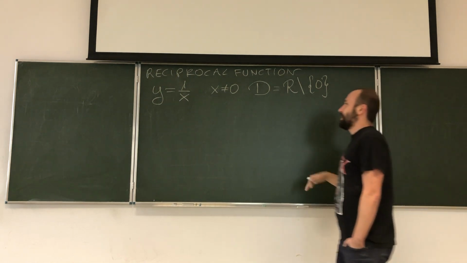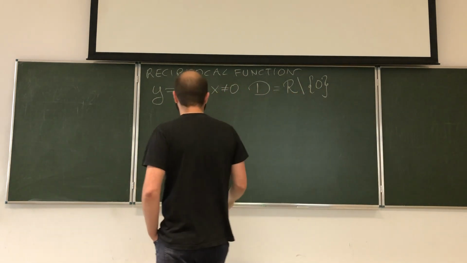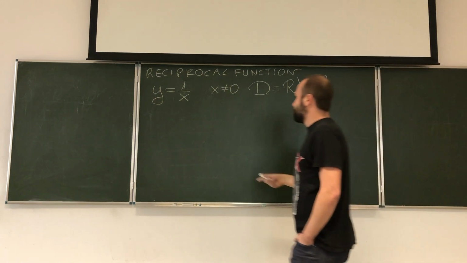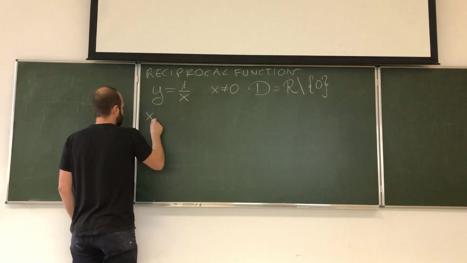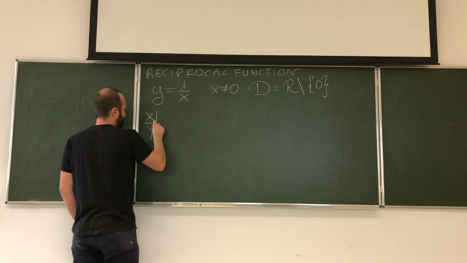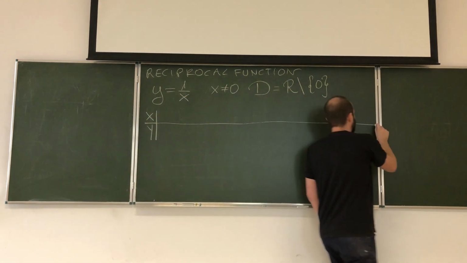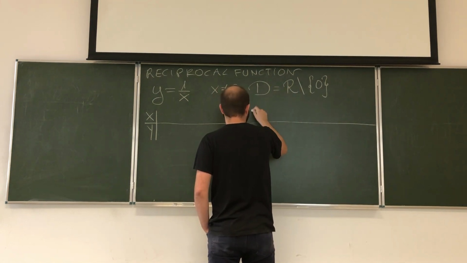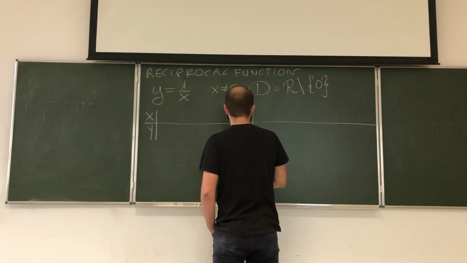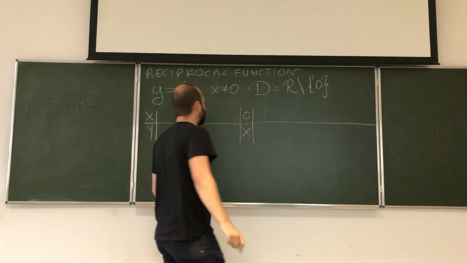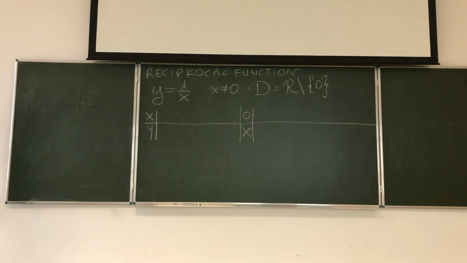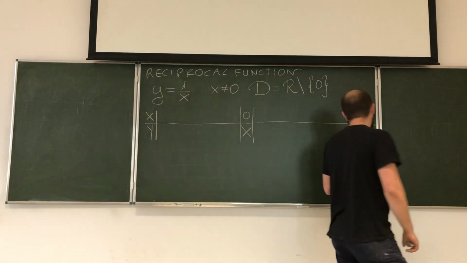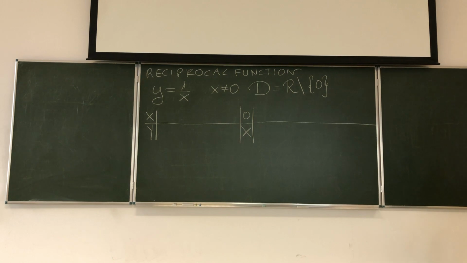Okay, so let's start with a table and let's see how this function works. So we have a table, x and y. This is going to be a long one. Okay, let's just say that here in the middle we've got 0, and for this 0 we have no value, right? This is what we established at the beginning. We don't know how to divide by 0 properly.